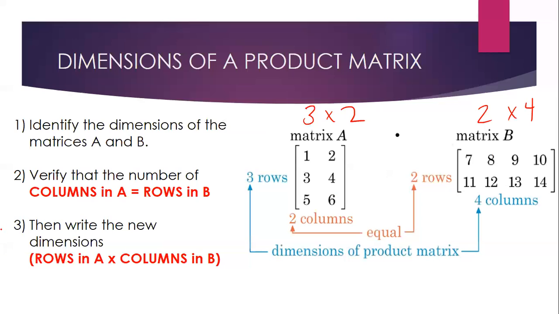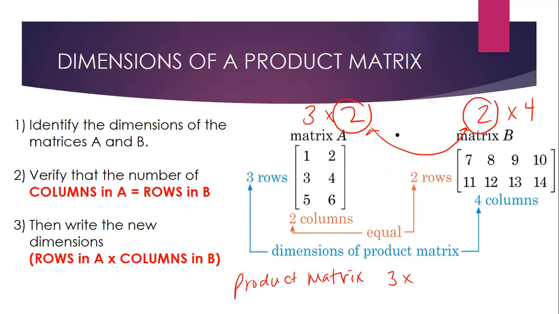And you want to verify that the number of columns in A equals the number of rows in B. So the number of columns in A is 2, and the number of rows in B is 2, and they are equal to each other. And so then you're going to write the new dimensions, and the new dimensions are the rows from A and the columns from B. So your product matrix would be a 3 by 4.